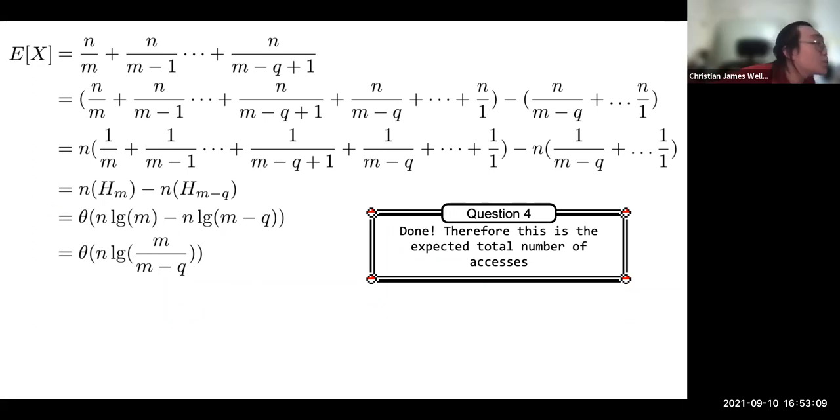The PM question is exactly the same question: why can't we further simplify it to N log M? We don't want to drop this term because it allows us to give a somewhat tight analysis. If you just want big O, then it's fine to drop this N log of M minus Q.